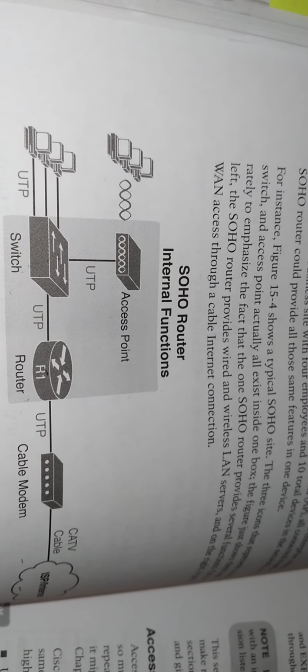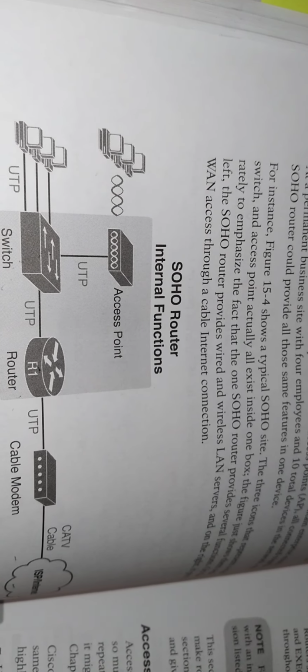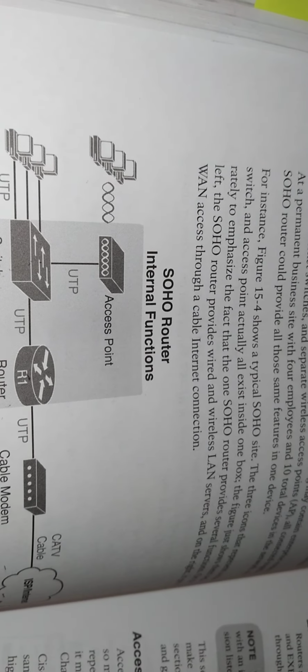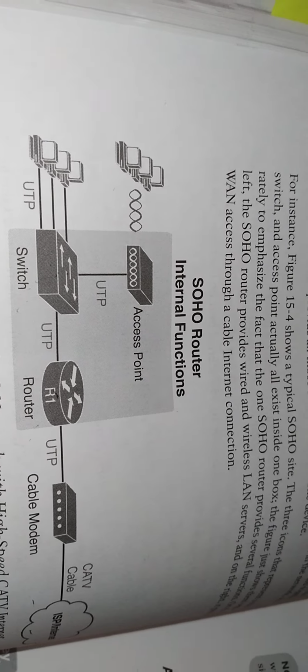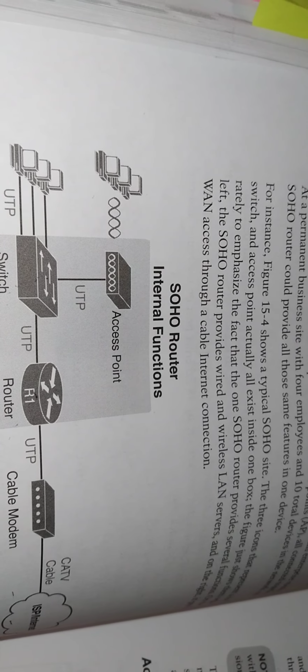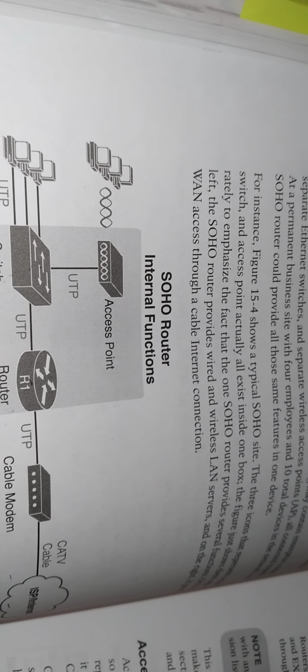Now there's something else going on here at the network layer, and it's called switching. And we're not discussing layer 2 switching, Ethernet switches. We're discussing packet switching.